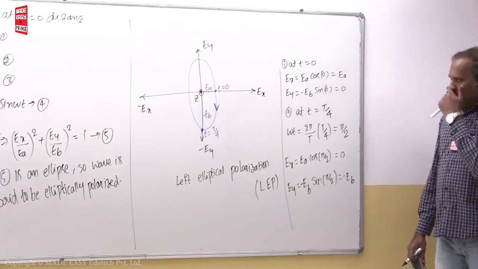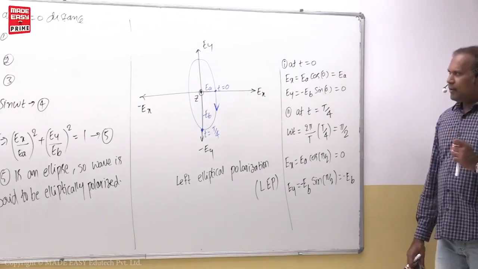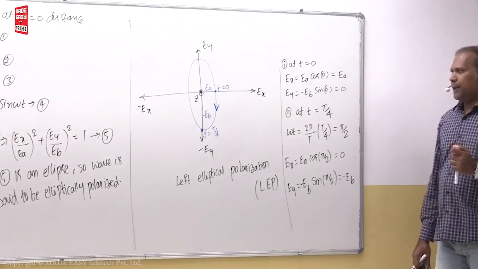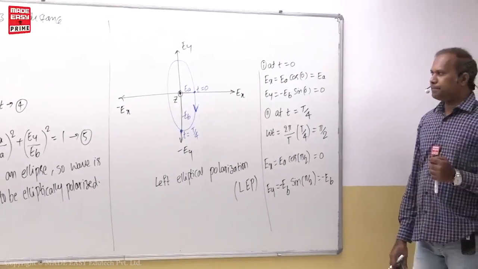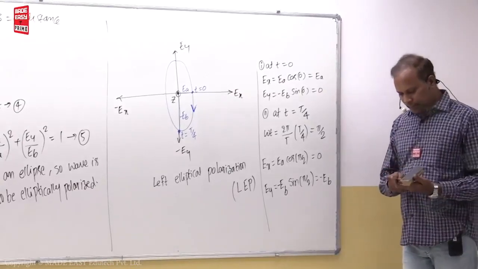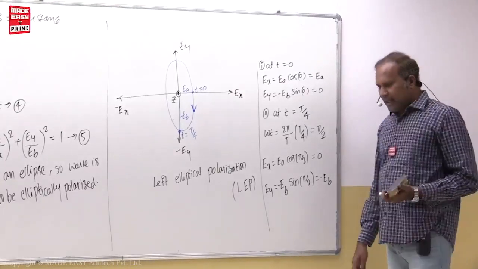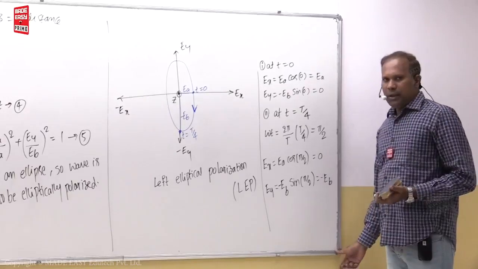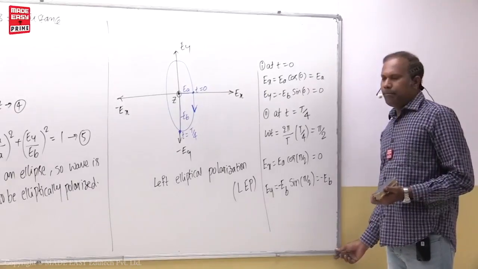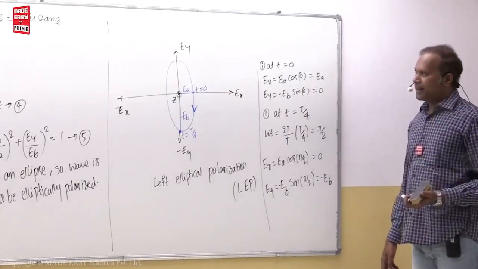Okay. Now here one point is there. If you want to observe, you can observe that one. What is that? Axial ratio is defined as major axis by minor axis.